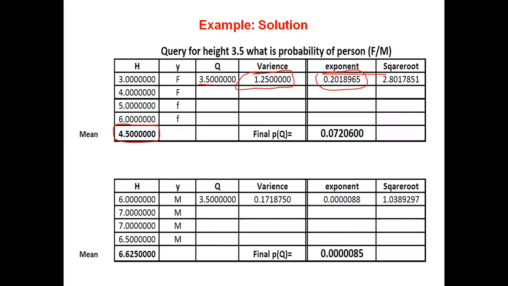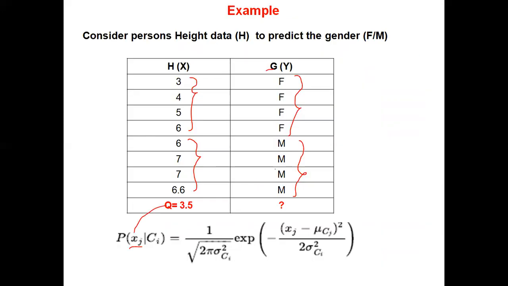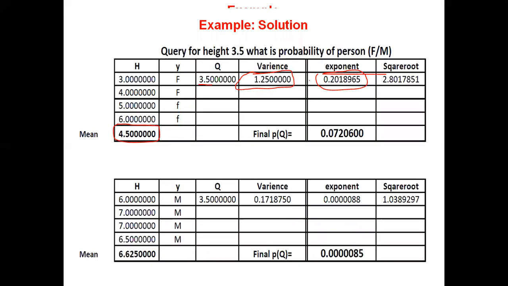Then we calculate the square root of 2 pi times the variance of ci, which gives 2.80. Finally, the probability of q for the class label female using this formula is 0.072.